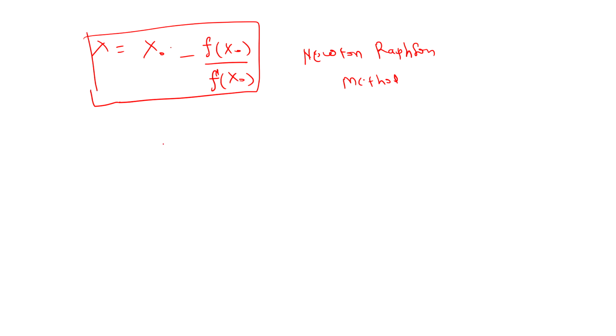Now let us understand what this means. This means at each iteration we are saying that x is the solution. That means at each iteration my solution is x new, which is actually not a solution until we get convergence. I will explain the meaning of convergence here, but the new solution, x new, will be given as x old, the old solution or the guessed value, minus f of x old divided by f prime x old.